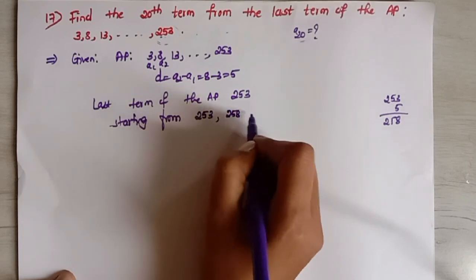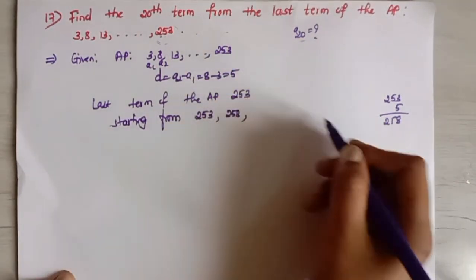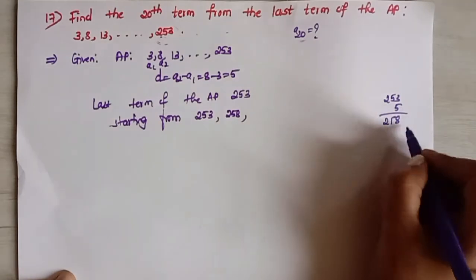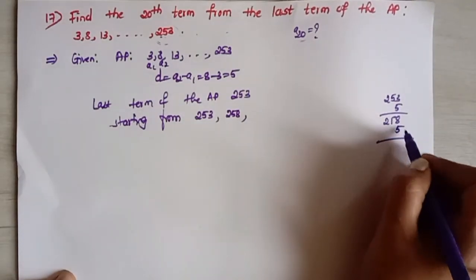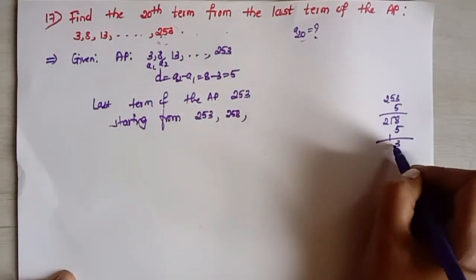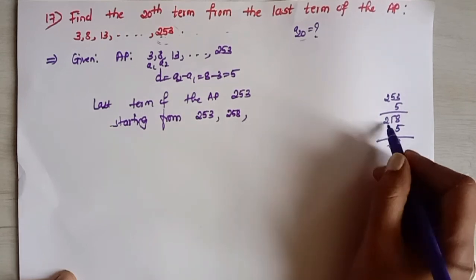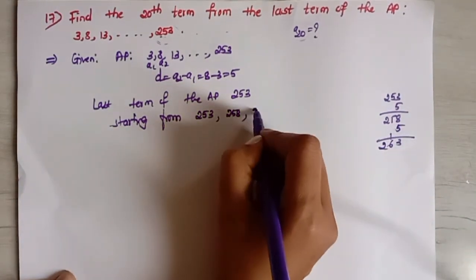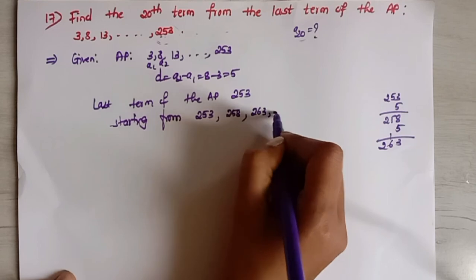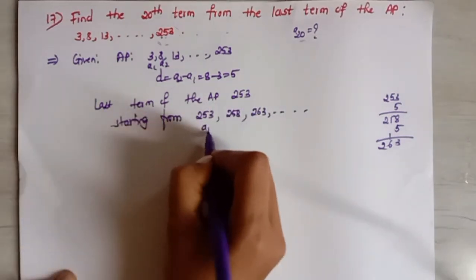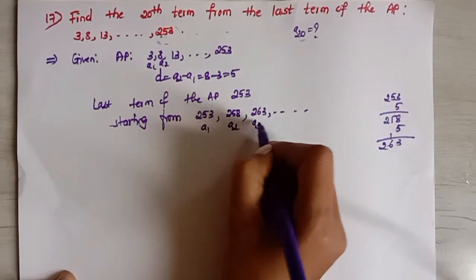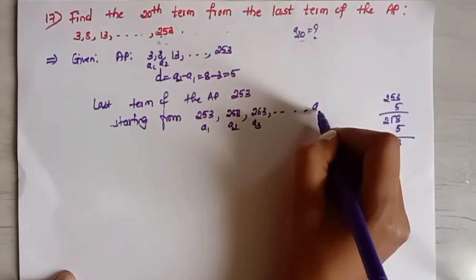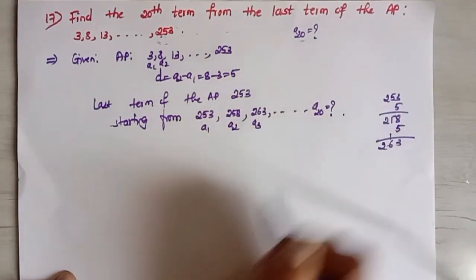So the next term is 258. Again for the next term we have to add the difference 5. So 8 plus 5 is 13, 5 plus 1 is 6, 2 as it is. So the next term is 263, and so on. This will become A1, A2, A3 and so on up to the 20th term here.